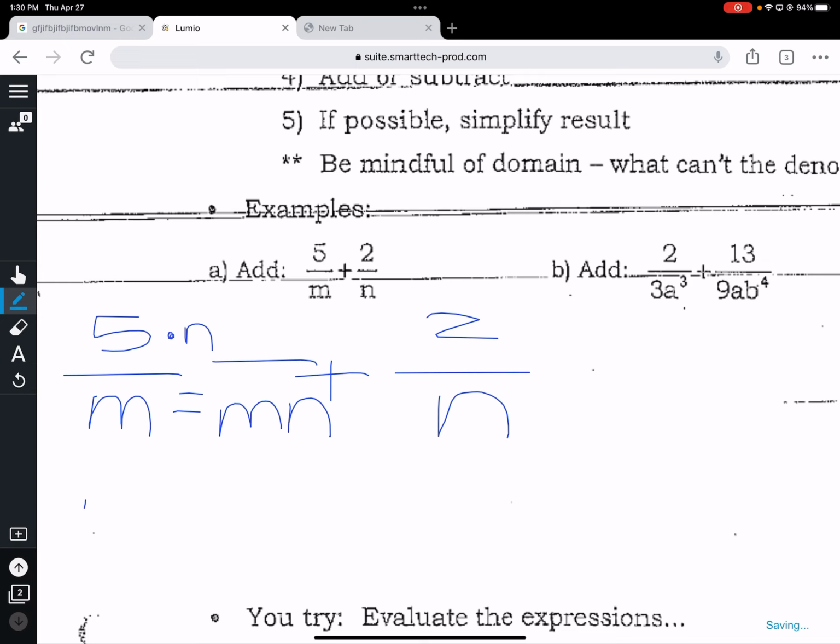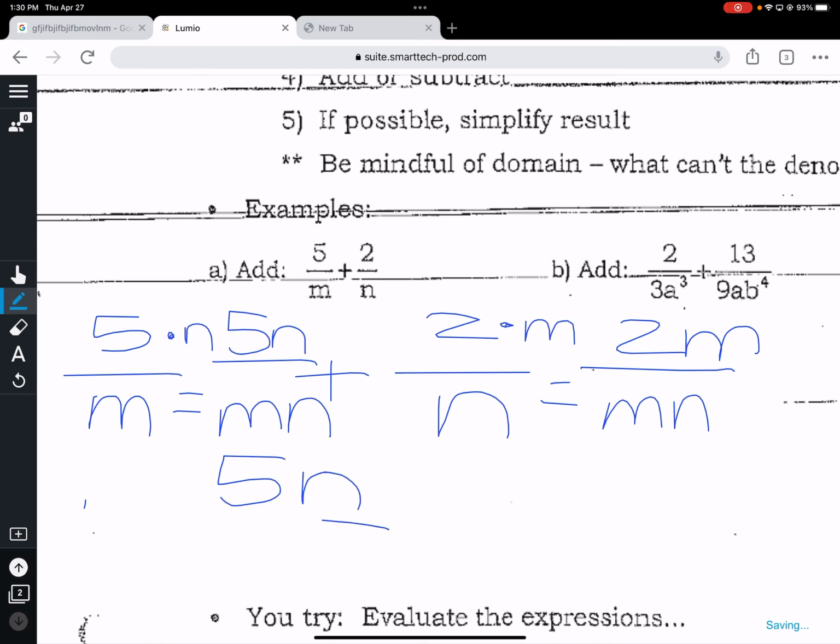And what does that give us? 5n. And then how do I get from n to mn? Multiply by m, which gives us 2m. So that means we have 5n over mn plus 2m over mn.